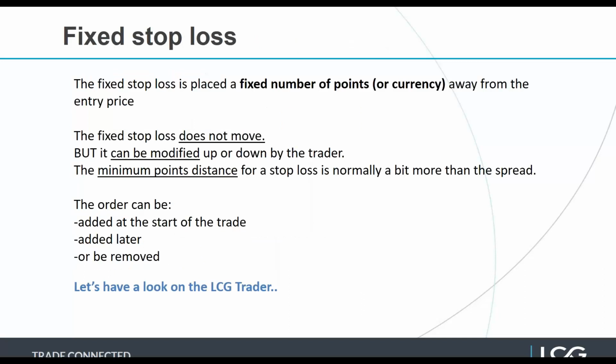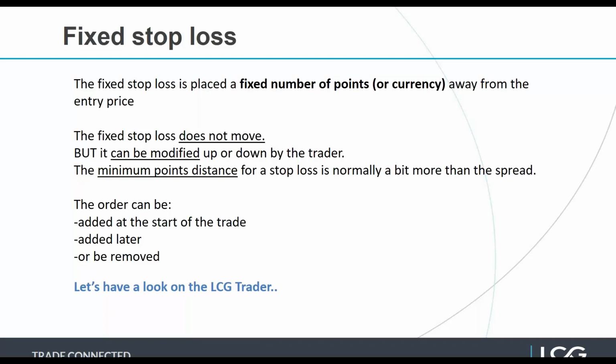So let's talk specifically about just the kind of classic, basic, fixed stop loss. And so I'm going to bring in the trading platform a little bit here as well, just to explain how this fits together on the LCG Trader. But in essence, the fixed stop loss is placed a fixed number of points or currency amount, so you can set it in pounds or dollars, for example, away from your entry price.